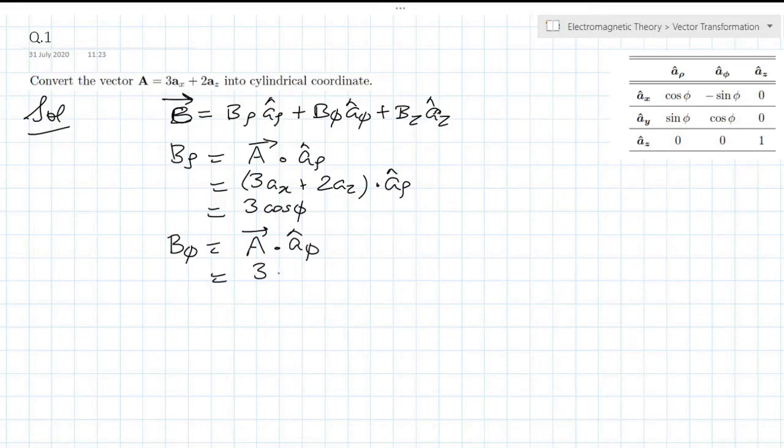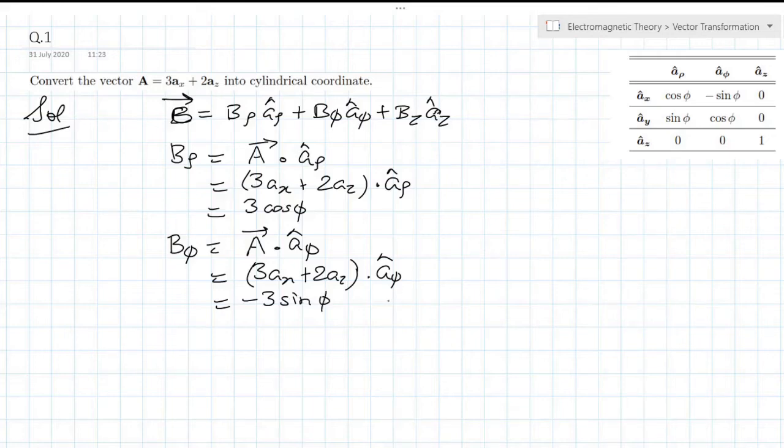A is 3ax plus 2az again, and we are dot multiplying it with A phi. So ax dot A phi, let us see it from here. Ax dot A phi is minus sine phi, so it is minus 3 sine phi.